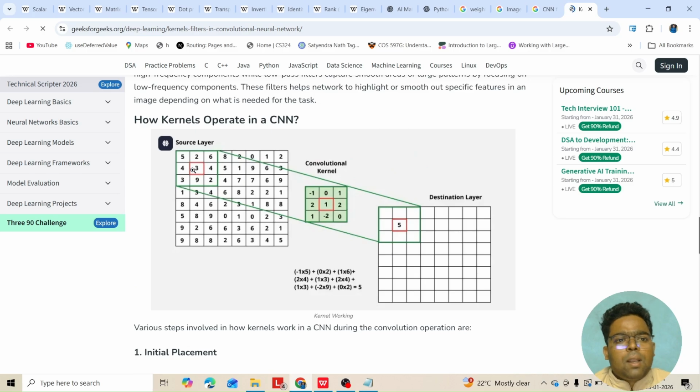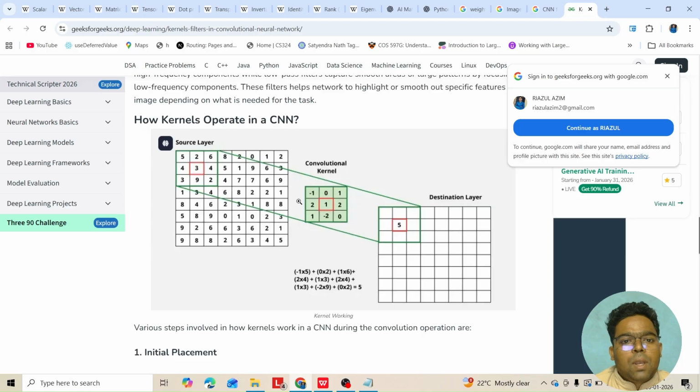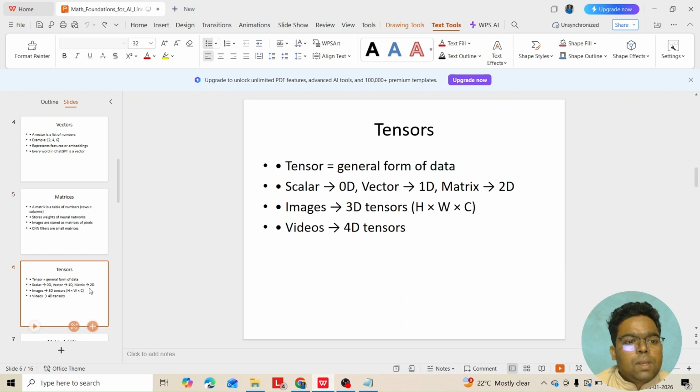What happened here is a multiplication: 5 cross minus 1, then 0 cross 2 plus 1 cross 6, all multiplied, and then we have a value of 5 here. So it is also a matrix, nothing else but the convolution filter or kernel itself.